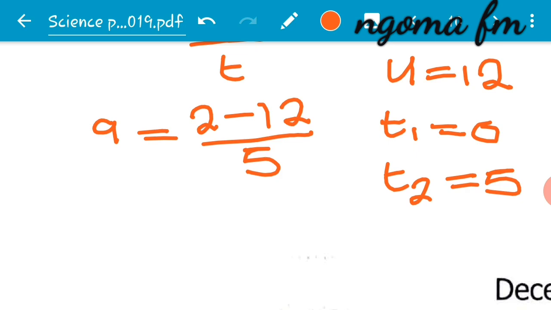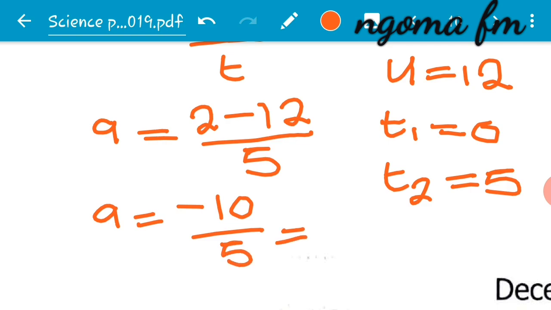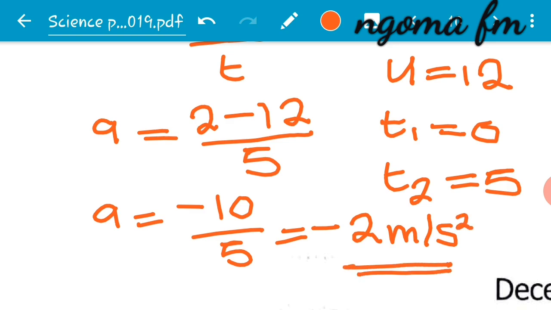So we will now have A is equal to, the 2 minus 12 is actually negative 10. Okay? Then over 5. This gives us an acceleration of negative 2 meters per second squared. Negative 2 meters per second squared.